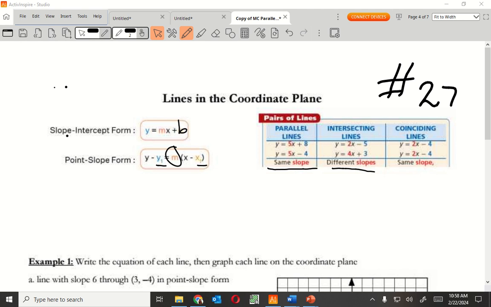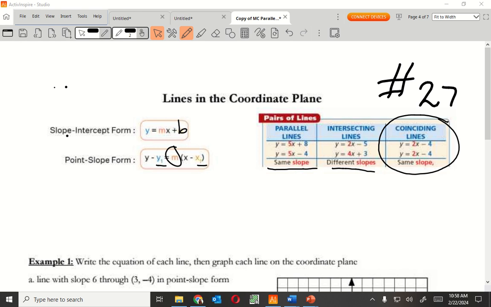If they're parallel, they're the same. Now right here, and this is a new vocabulary word for us, which is coinciding. Coinciding means the same line. Because we could actually have two lines that are right on top of each other all the time. They might look like different equations, but they're the exact same line on top of each other.